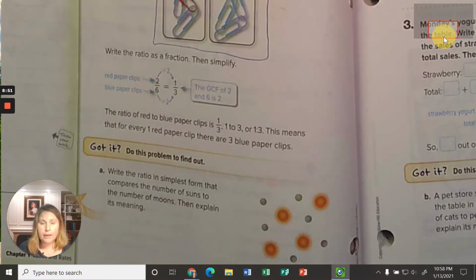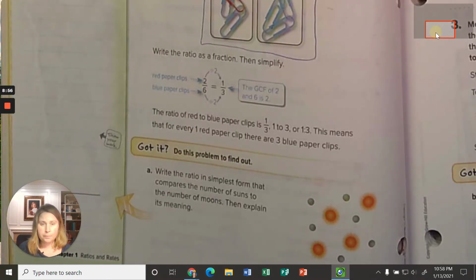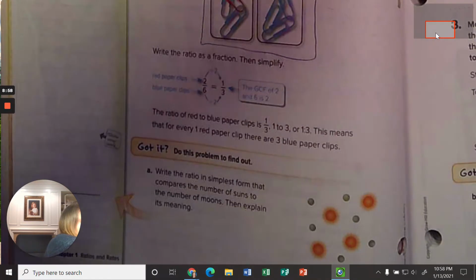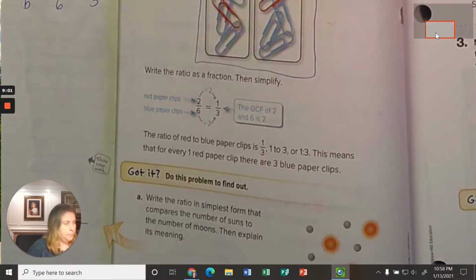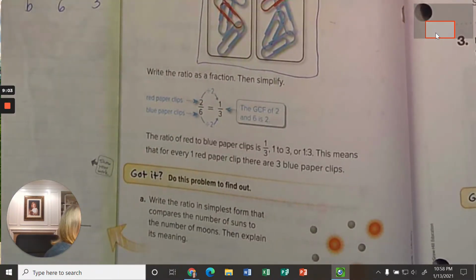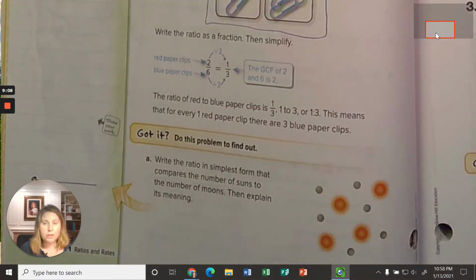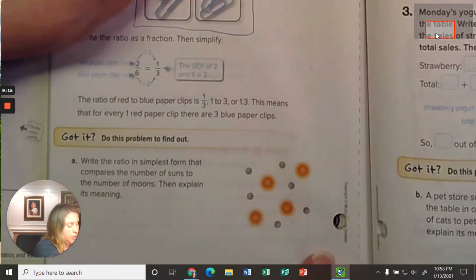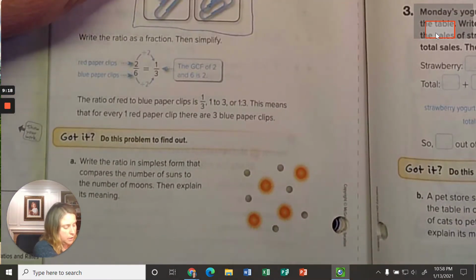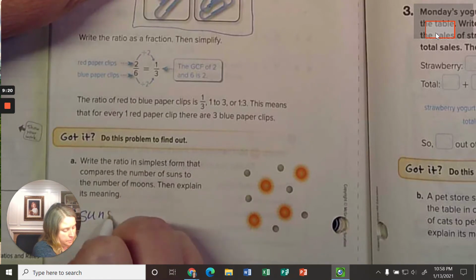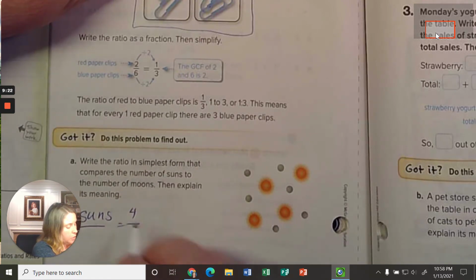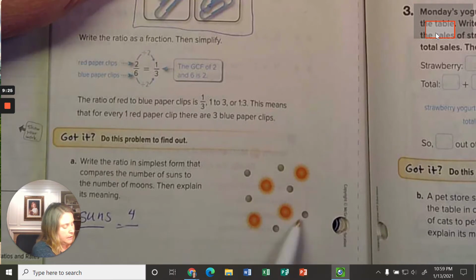Okay, let's take a look at got it A. Write the ratio in simplest form that compares the number of suns to the number of moons, then explain its meaning. Okay, so when we look at the diagram here, we have 1, 2, 3, 4 suns. For every 1, 2, 3, 4, 5, 6 moons.